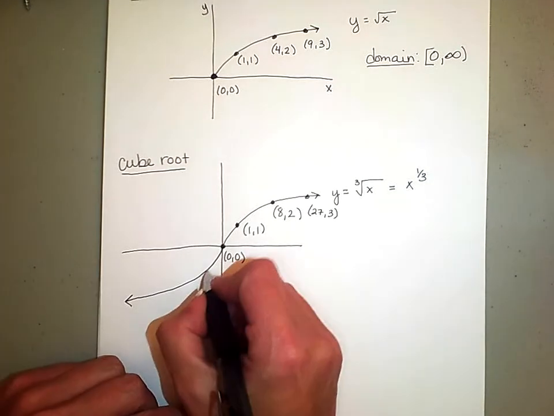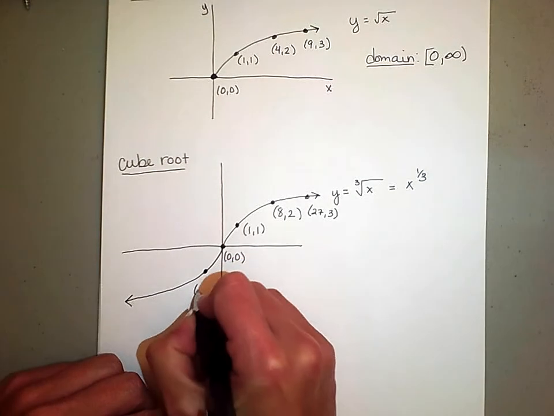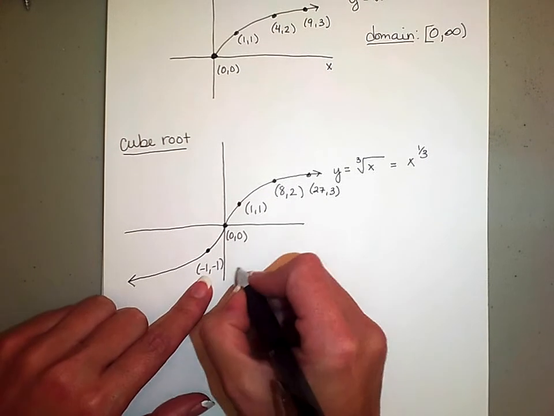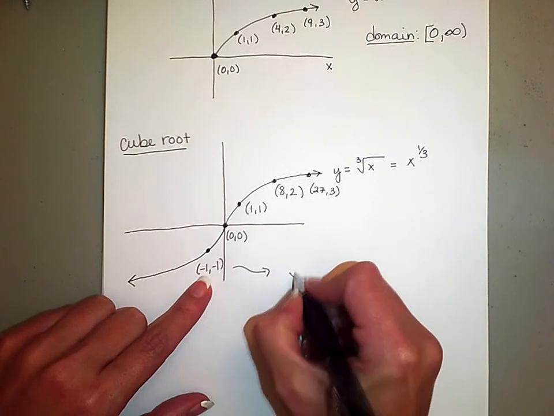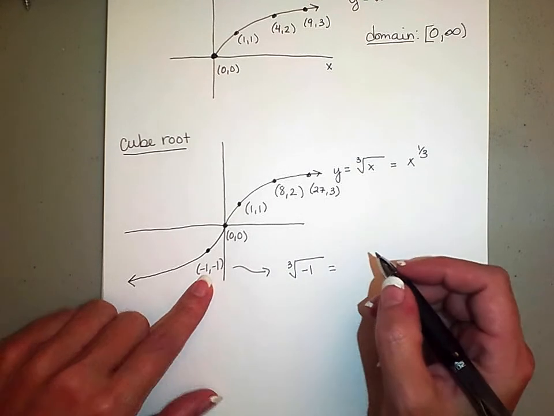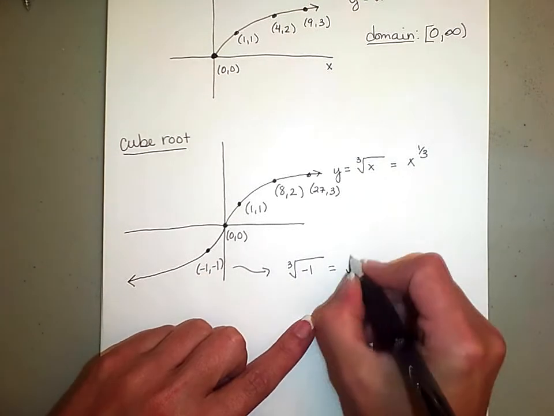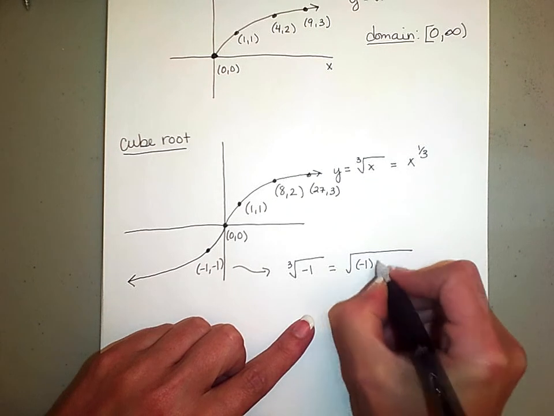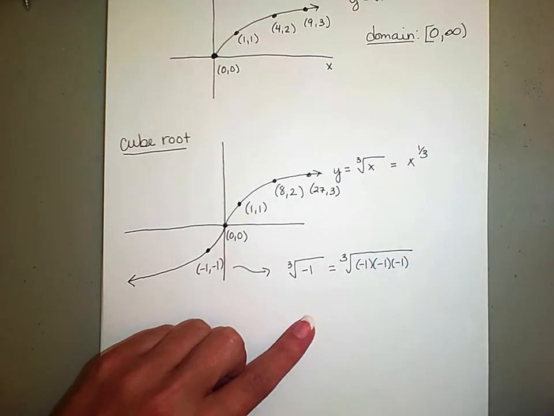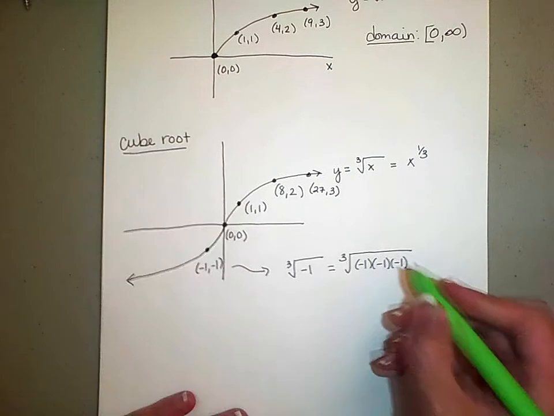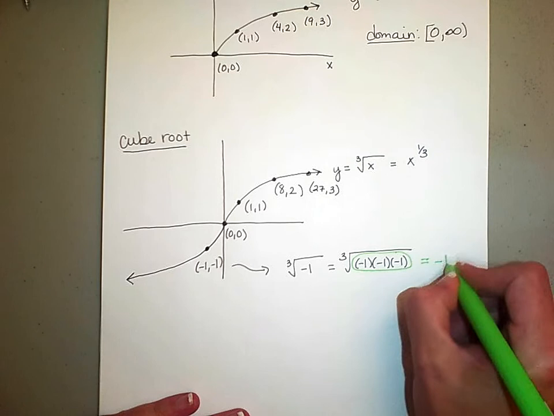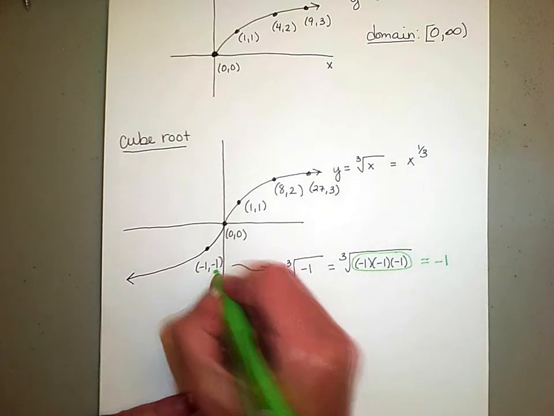However, it is also possible for us to take cube roots of negative numbers. So, for example, from here, if we want the cube root of negative 1, well, we're looking for groups of 3, and I could rewrite negative 1 as negative 1 times negative 1 times negative 1. And there is a grouping of 3 negative 1s, so the cube root of negative 1 must be negative 1.